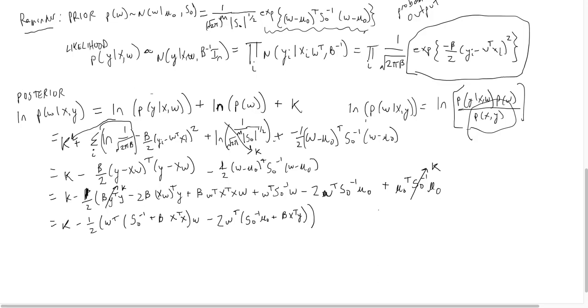Now you might be wondering what I did if it doesn't immediately jump out to you. I refactored this because it will be useful, but just to justify it, if you look at the line above, everything that comes after a w transpose and before a w. So you can see S0 inverse sandwiched in there. And you can also see that a beta X transpose X comes between a w transpose and a w.